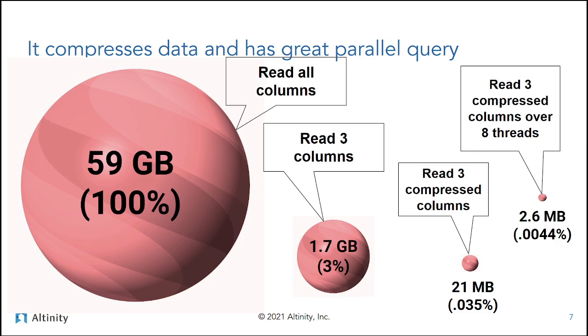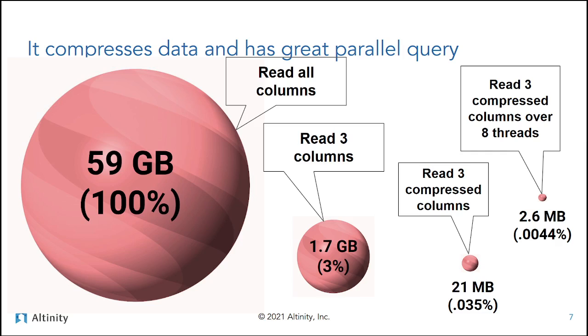Moreover, because we can parallelize on the CPU, we can get 8 threads, hardware threads, to go ahead and read that data. Each of those only has to read 2.6 megabytes. The effect is that the amount of data that each thread may read when we're scanning a table to read the contents of all 3 of these columns is reduced by a factor of tens of thousands.